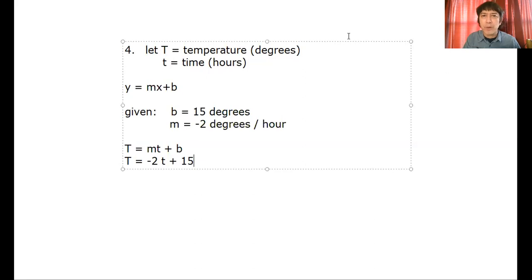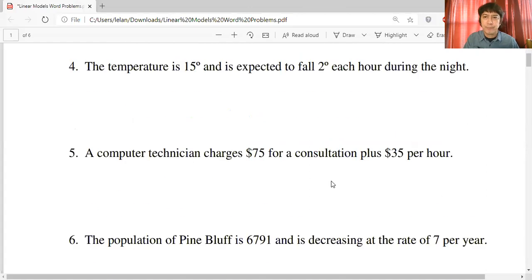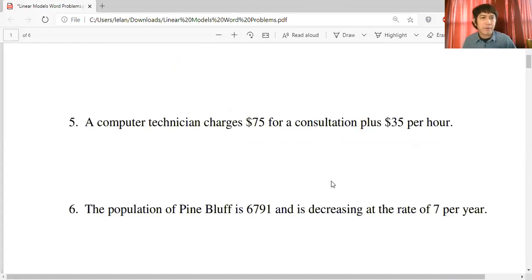So let's have one more example for the slope-intercept form, going back to our worded problems. All right, let's have the number 5 over here. A computer technician charges $75 for a consultation plus $35 per hour.